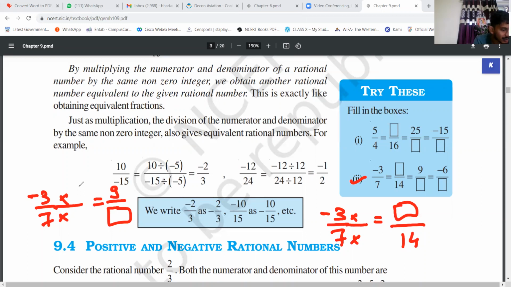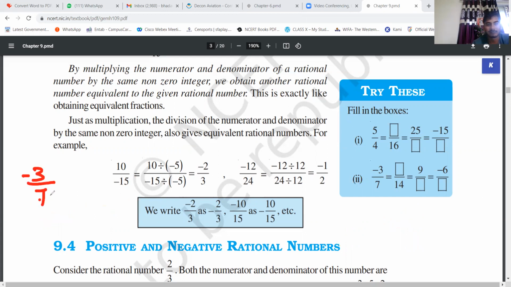I'll tell you one thing. When you're solving this part, the negative can be on any side. How is it possible, sir? So I'll tell you.